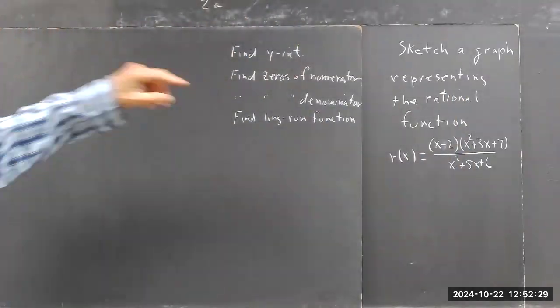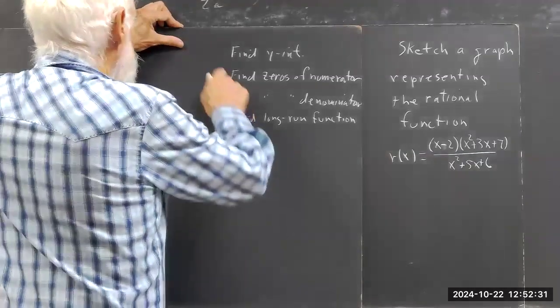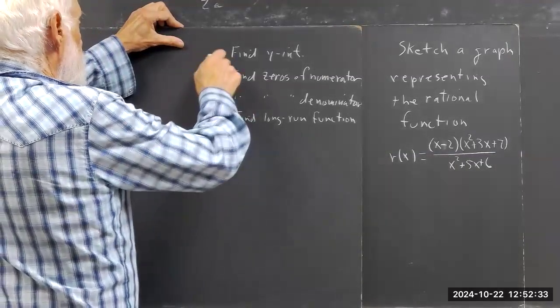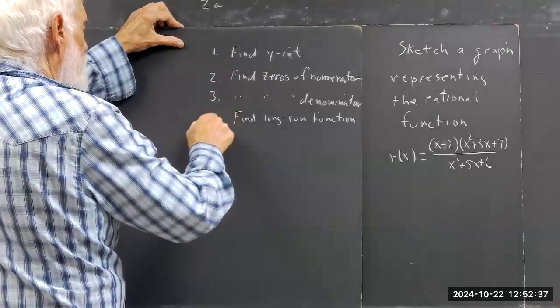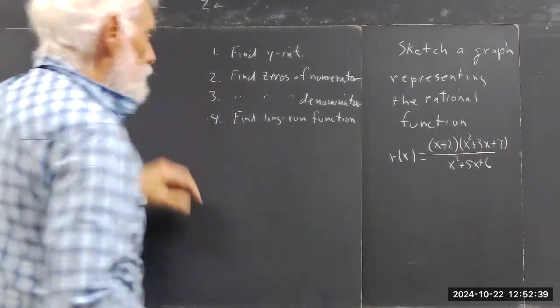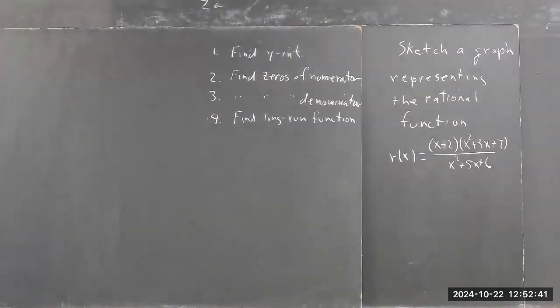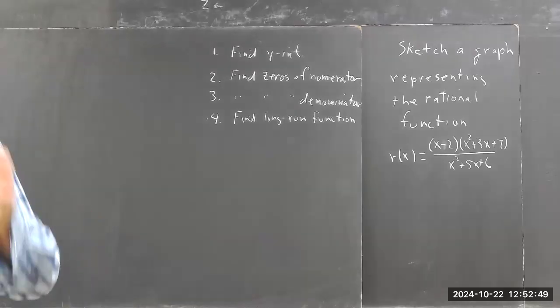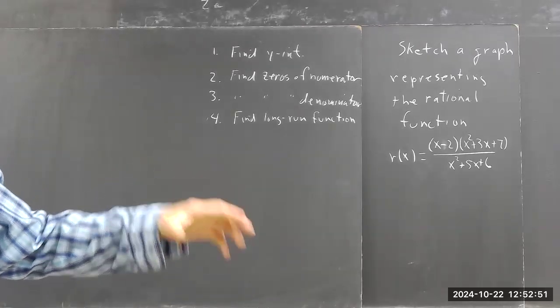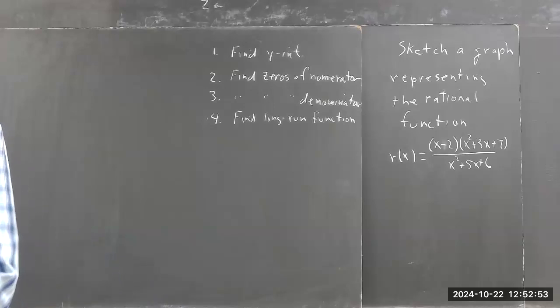Okay, so that's 4 things you always do. And do it as coherently as you can. Write it out logically, write it out completely to reinforce what you're doing so you'll be able to do it when you need to do it on a test.